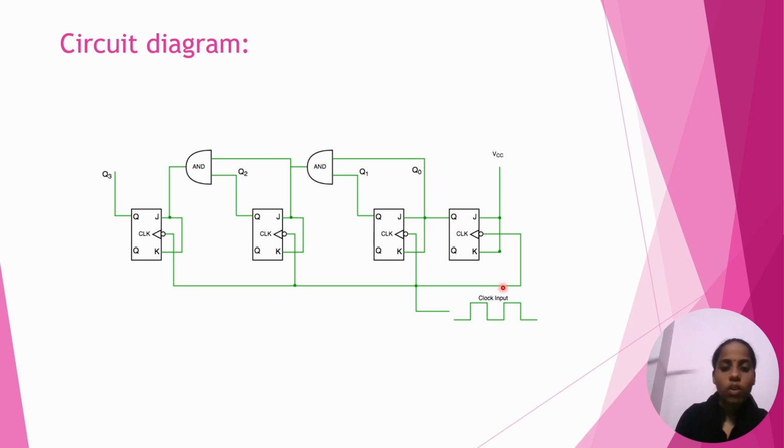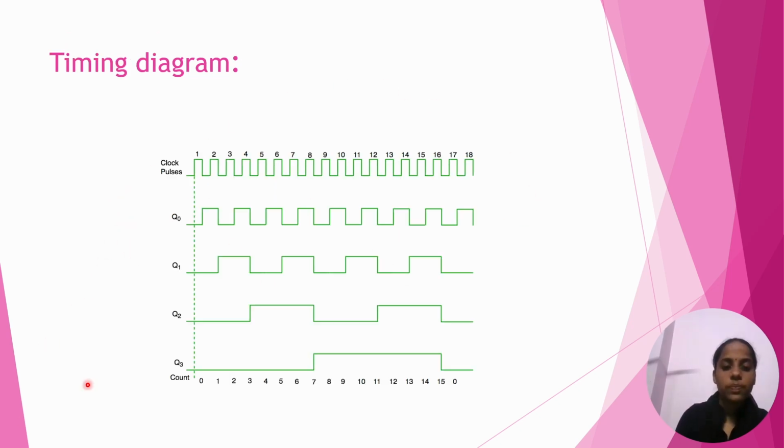This circuit is similar to the asynchronous counter, and here also a timing diagram is used. First we give clock pulses to this circuit. Negative edge is used, so the outputs change on the negative edge triggering and not on the positive edge.